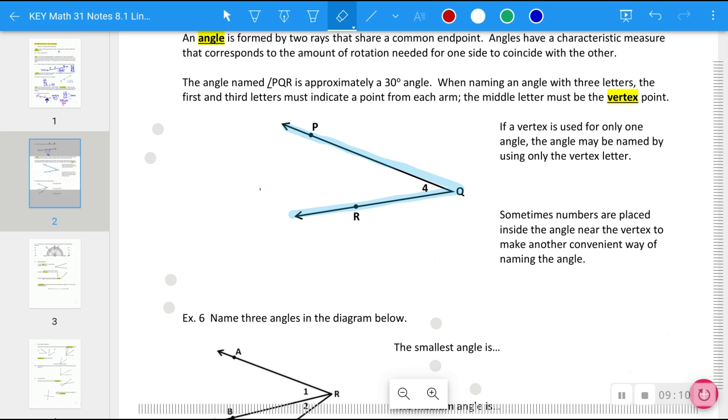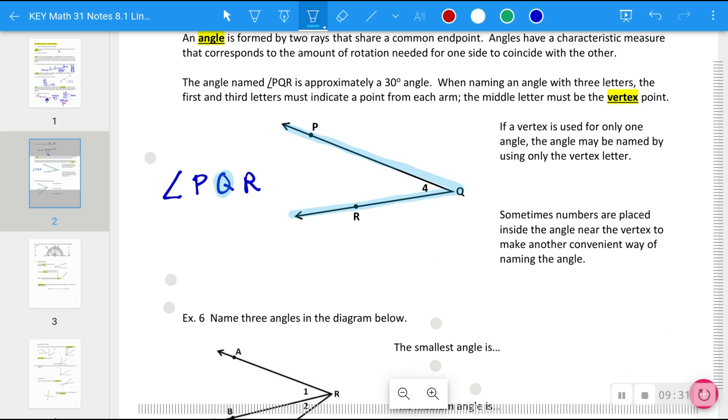Okay, so how do you name an angle? Well, this is a little more complex than just naming the rays and lines. In the case of an angle, the most common way is to use three letters, angle PQR. And the thing to highlight here is that this middle letter has to be the vertex or the shared point.